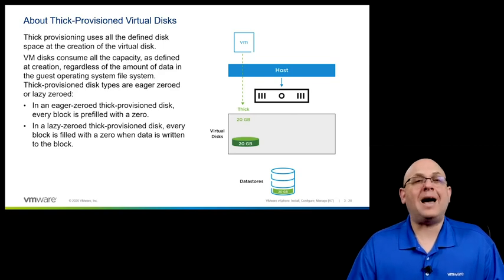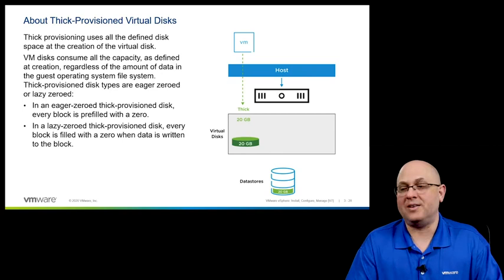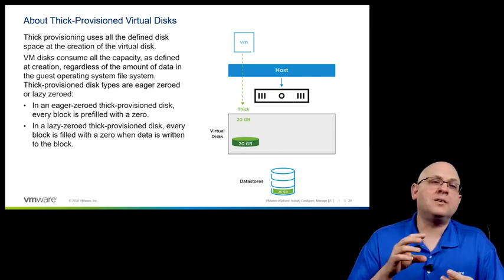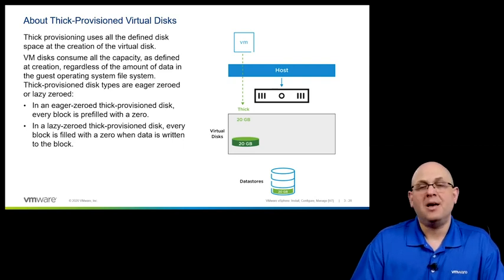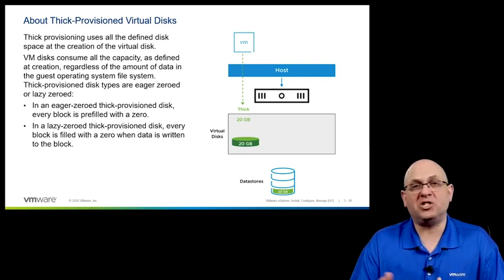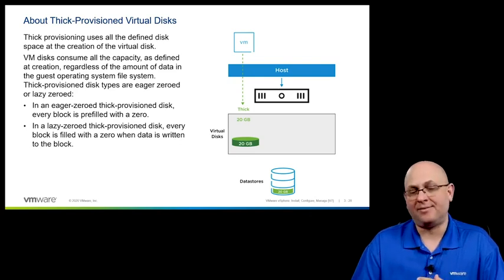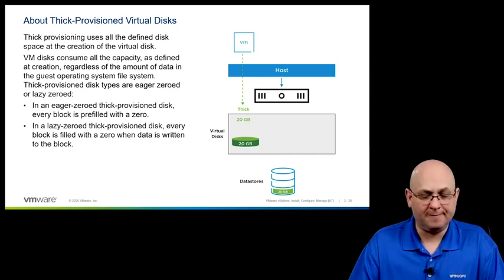Now, when we build our virtual disks that attach to those storage controllers, we have a number of options. We describe the layout of those virtual disks based on the type of provisioning we build for that virtual disk, and there are a couple of options. The first one is called a thick provisioned virtual disk.